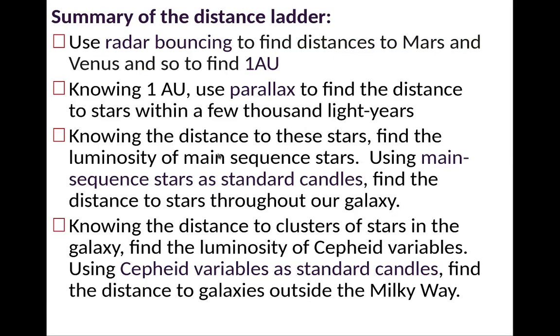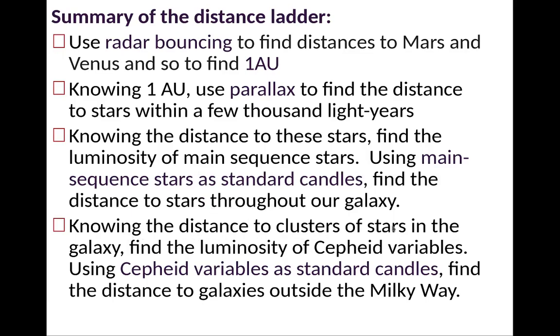All right, so here's a quick summary again of the distance ladder. You use radar bouncing to find distances to Mars and Venus, and so you figure out what 1 AU is. Once you know what 1 AU is, you use parallax to measure distances to stars within a few thousand light years. Once you know the distance to these stars, find the luminosity of the main sequence stars. Use the main sequence as a standard candle to find the distance to stars throughout the galaxy.